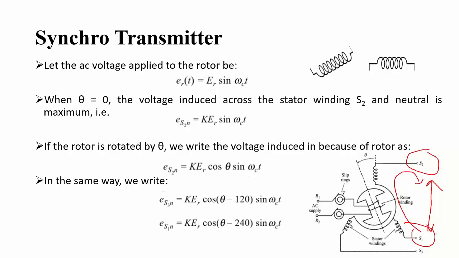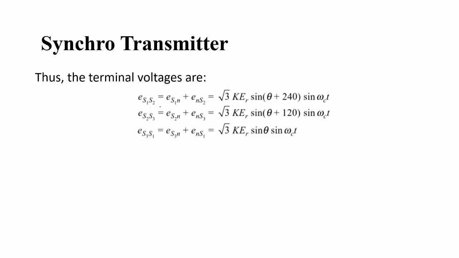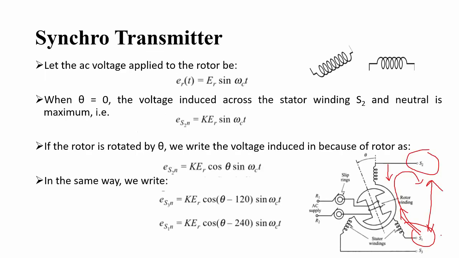So the voltage that exists between these two will be given by the voltage between S1n and S2n. Let's assume this as minus, this as plus, and take the current in this fashion.